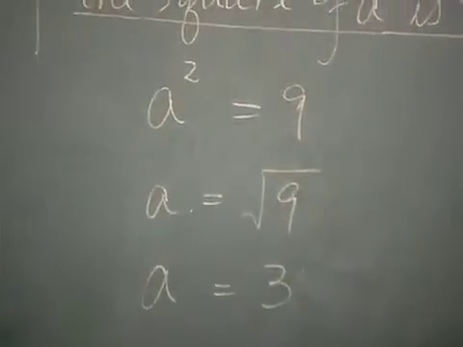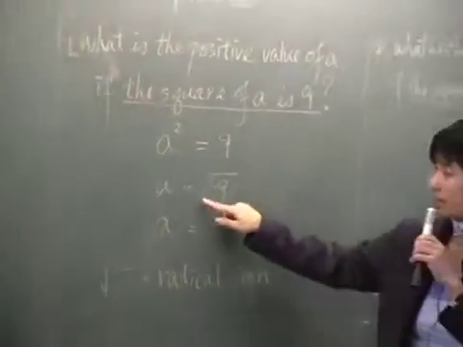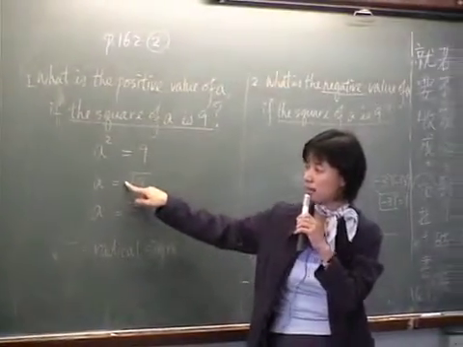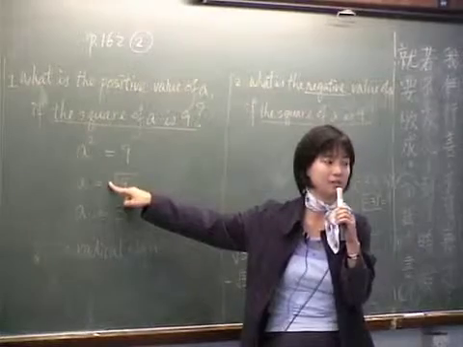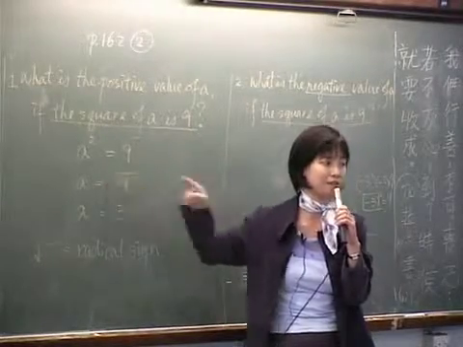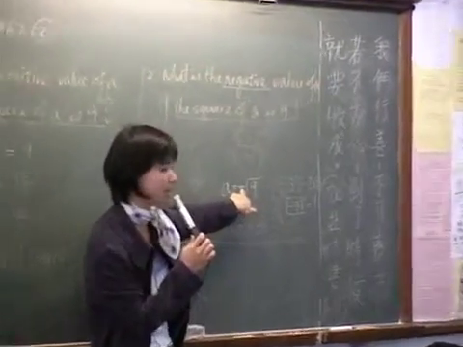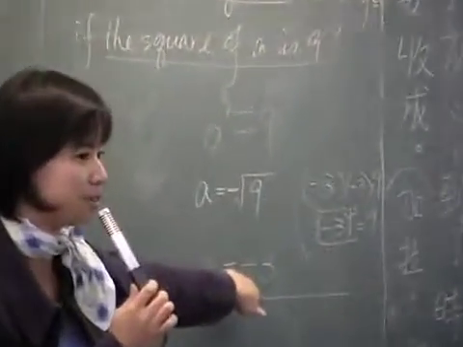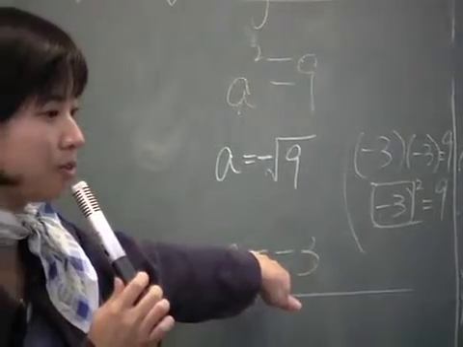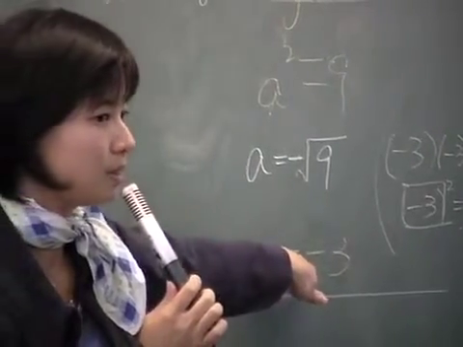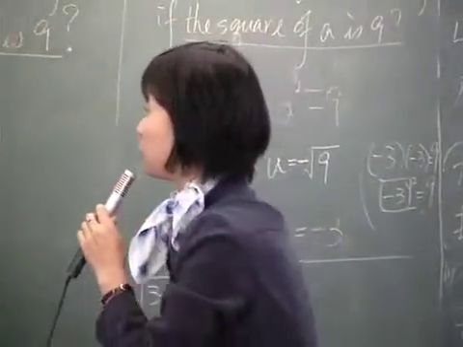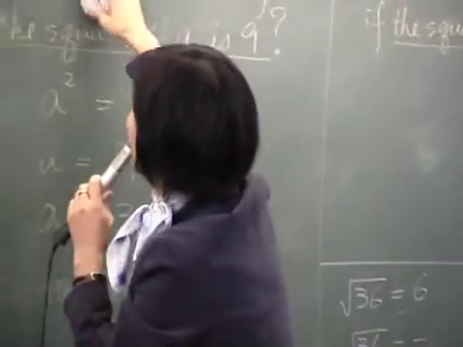So there are two answers. If before the square root there is no sign, it shows it is positive. If in front of the square root sign there is a negative, then the answer is negative. Okay? Do you know how to express this?